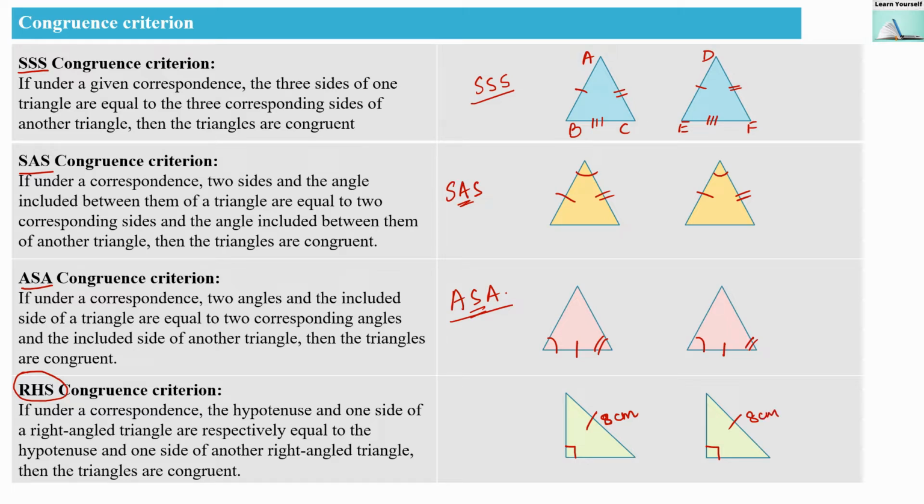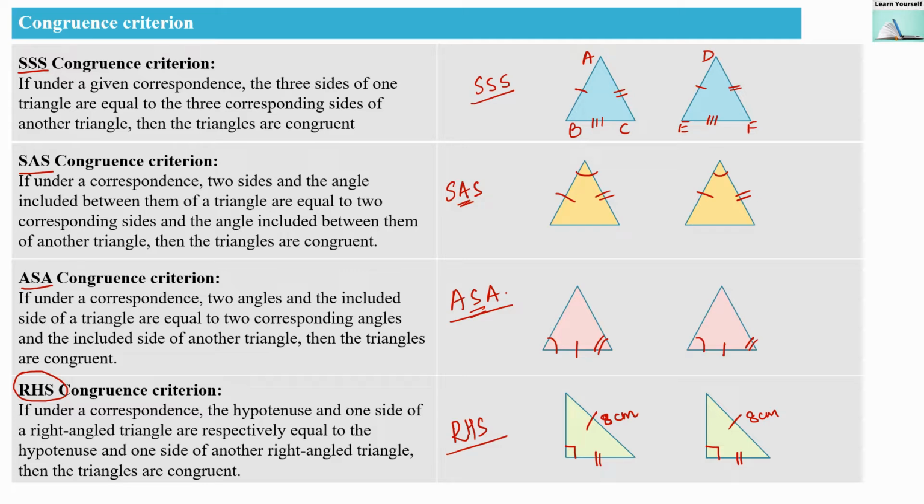And one more side from the remaining two sides will be equal. In that case, these right angle triangles have equal right angles, equal hypotenuse, and one more equal side. Then by the right angle hypotenuse side criteria, these two triangles are congruent with each other.